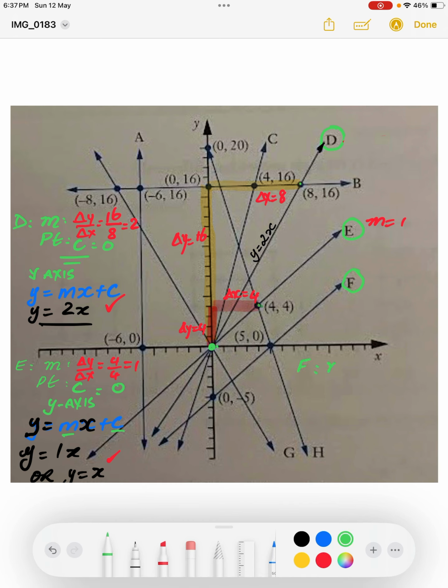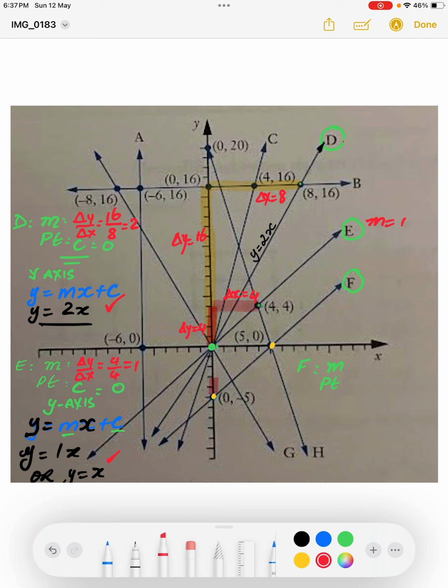We need a gradient and a point. Now for the gradient for F, we're going to find two points. We'll use this point down here, let's make that yellow, and this point at (5, 0). We'll use a blue highlight here for the gradient.